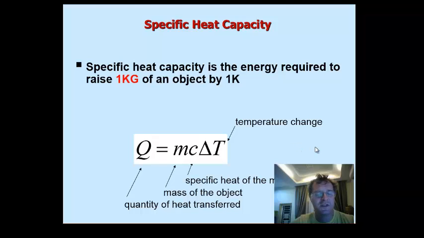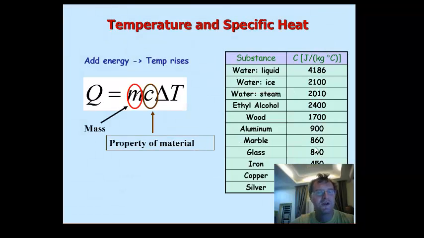Looking at specific heat capacities in comparison with others, we realise that every material has a specific heat capacity. And another thing to notice here is how in different states, for instance water, has a different heat capacity for liquid, ice and steam.